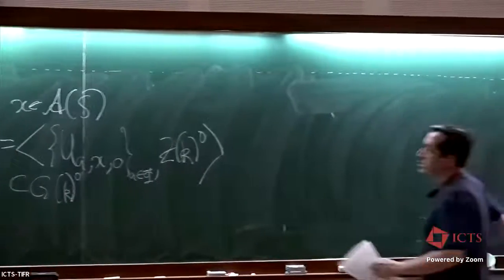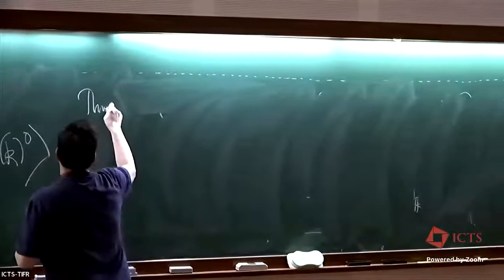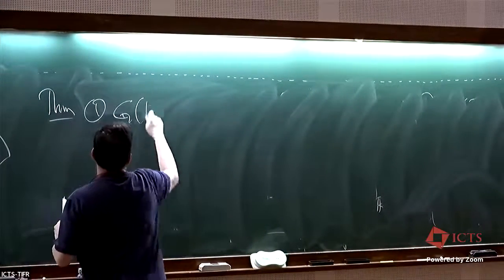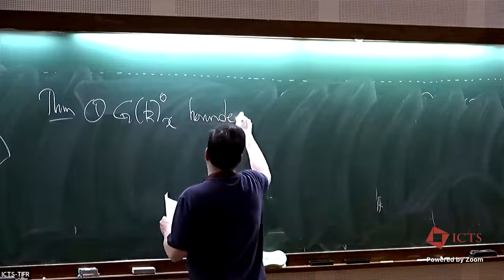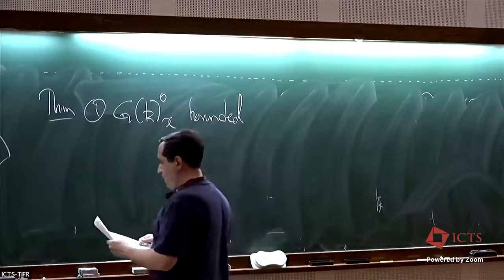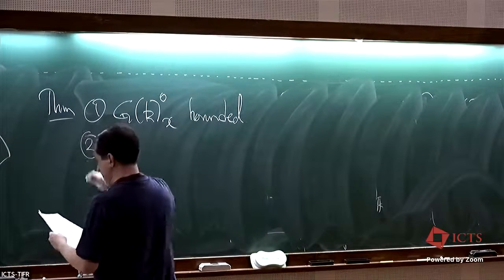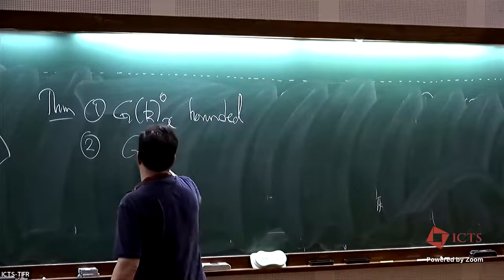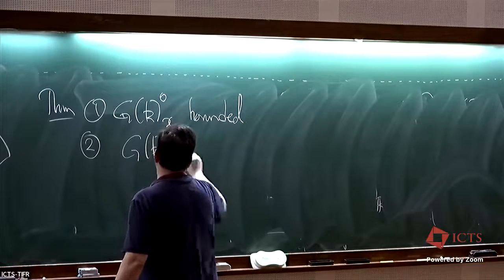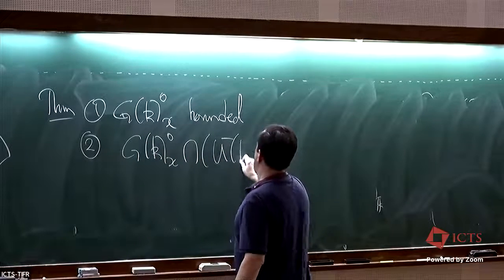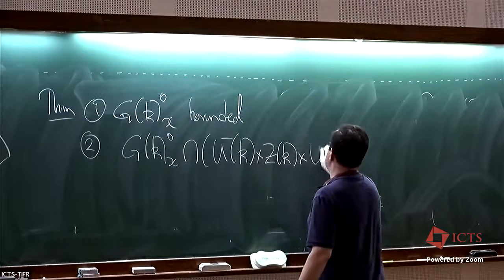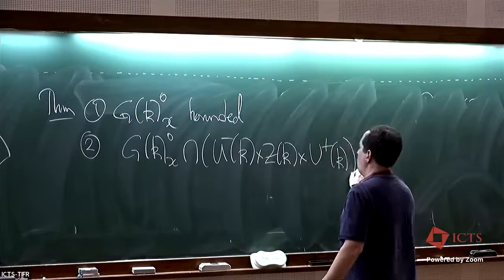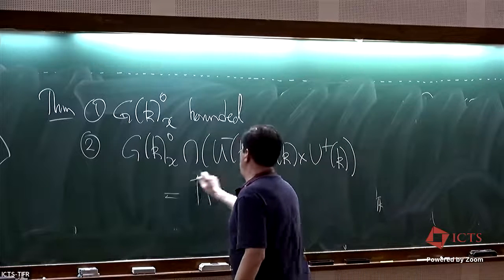There are two parts. First of all, this is actually bounded, which itself is not obvious at all. And at the same time, if you look at the part of it which lives in the open cell for a choice of positive system of roots, what you get is the minimal amount possible.